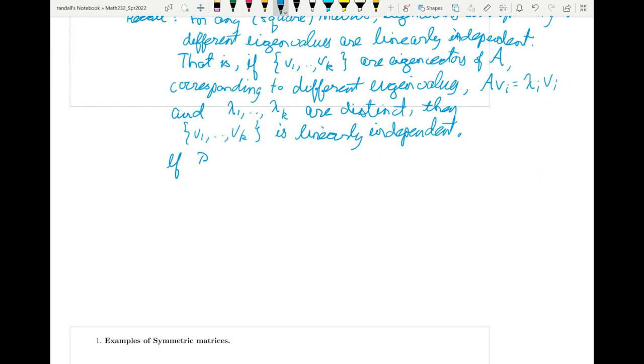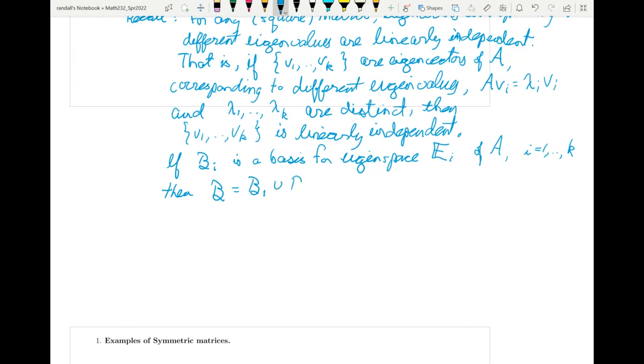If script B_i is a basis for the eigenspace E_i of A, and let's say there are k eigenspaces, then if I take the union of all these vectors, these bases of the corresponding eigenspaces, this set script B is linearly independent.